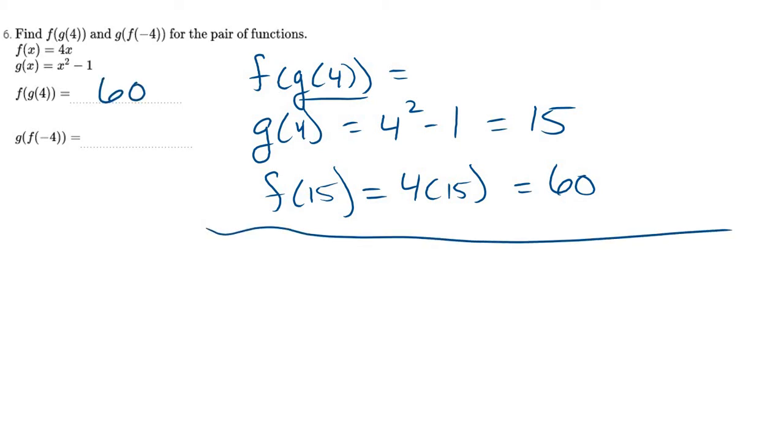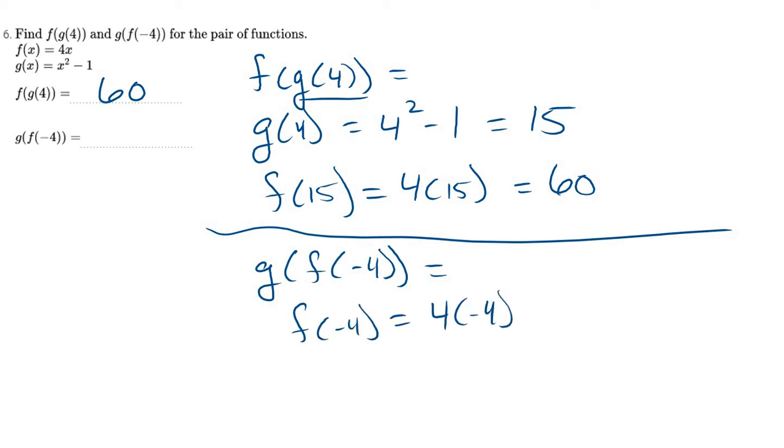Now let's go the opposite order. We want g, and they change the number on us. So we want g of f of negative 4. Maybe pause the video. Are you feeling pretty comfortable with this? So what's f of negative 4? Well, 4 times negative 4, that's negative 16. So now I want to find g of negative 16.